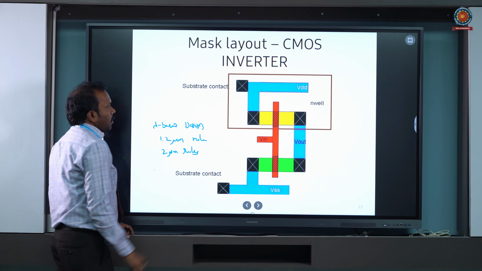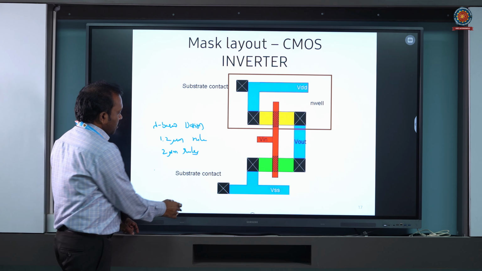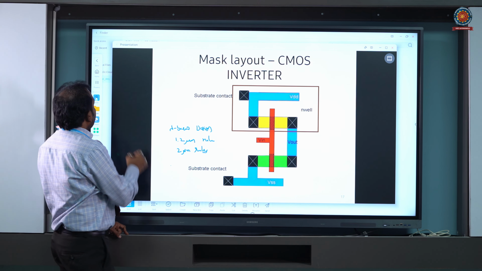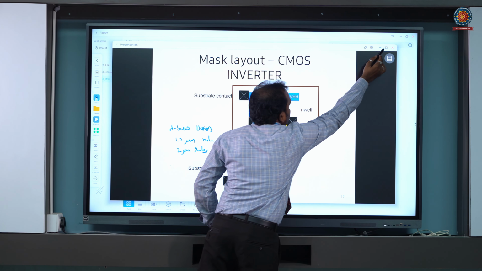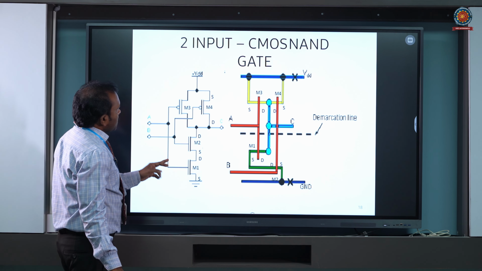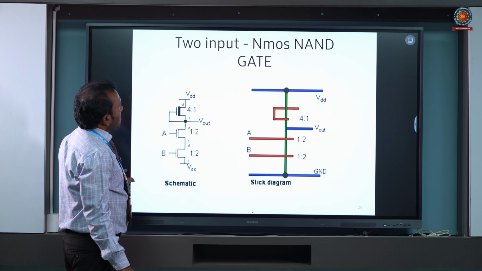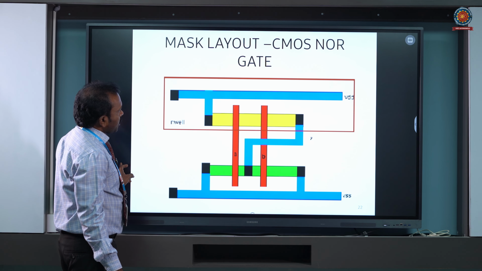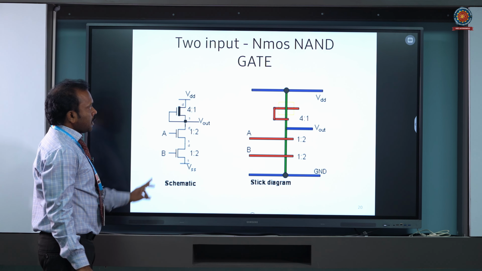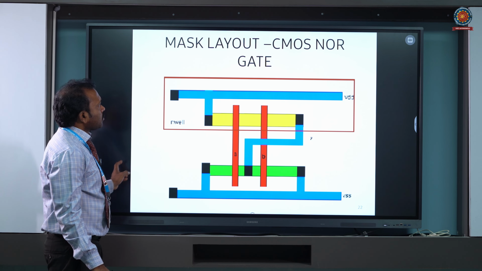So let us go for representing the layout design of a CMOS transistor. Now this is an example for a 2 input CMOS NAND gate, and before that, this is an OR gate. Now 2 input NMOS NAND gate, or else we go for a CMOS NOR gate.